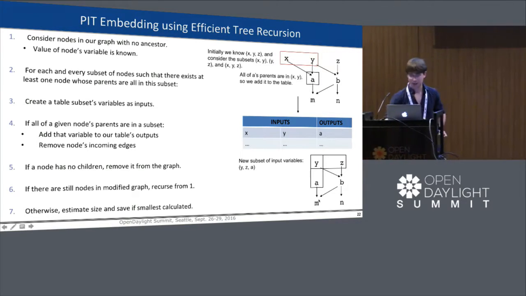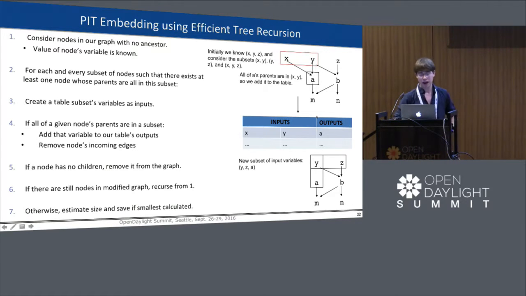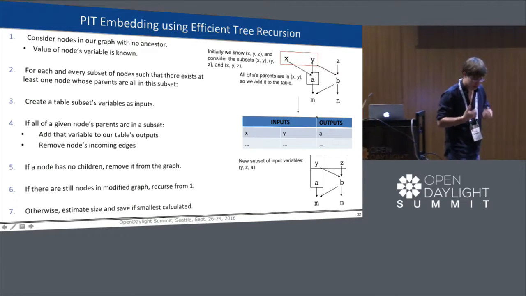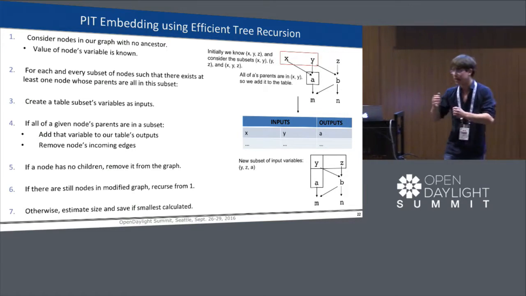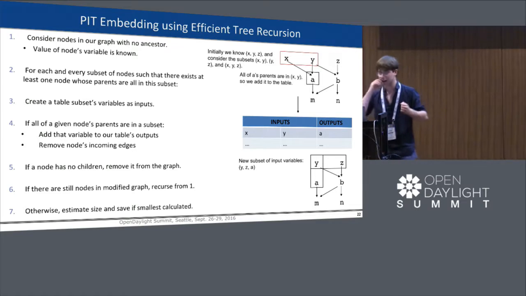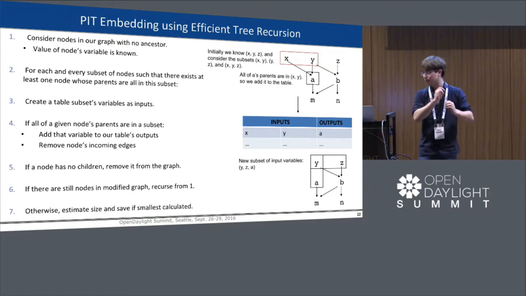That is, in the program that we see up above, the variable A is dependent on the variables x and y. The PIT table that generates variable A takes as inputs x and y, and we create a dependency graph.